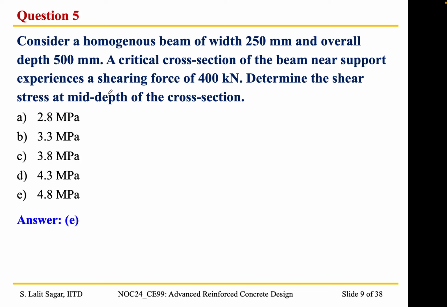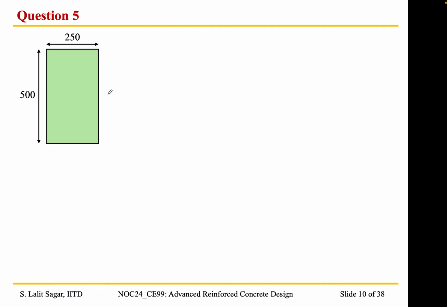Option E is absolutely right, and there are two ways of solving this problem. The first method is as we discussed in the previous problem, we got this by the formula V into Q divided by I into B. In this expression, all the variables remain the same from question 4. V is same, I is same, even B is same. However, Q, the moment of the area about the axis considered, is going to vary.